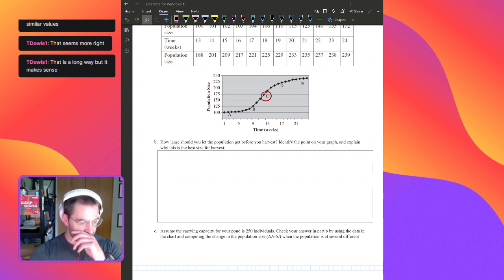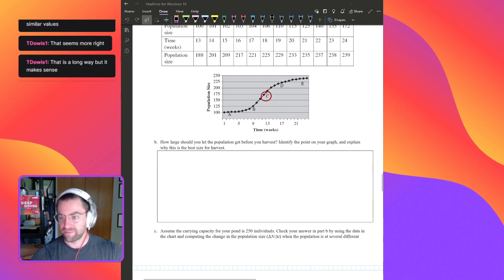When our population approaches half of the carrying capacity, that change in the number of individuals is at its greatest, right? So our carrying capacity is around 250, it looks like. Half that, 175, is when that growth is fastest, right? Our growth curve is not yet leveling out.